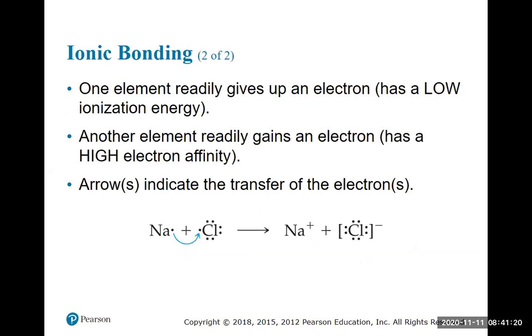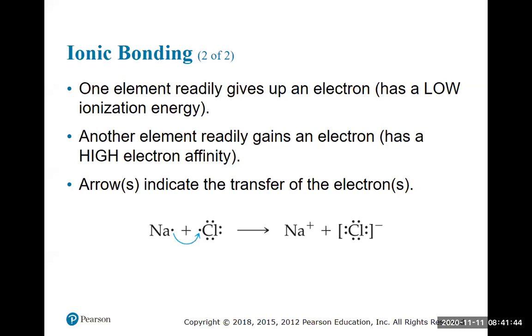So if we think about this in terms of ionization energy and electron affinity, the things we learned last chapter, then the metal that likes to give up the electron has a low ionization energy. And the nonmetal, which likes to pick up the electron, has a high electron affinity.